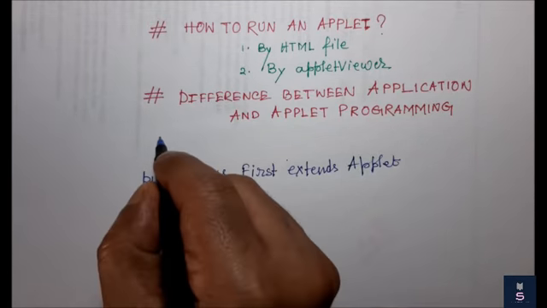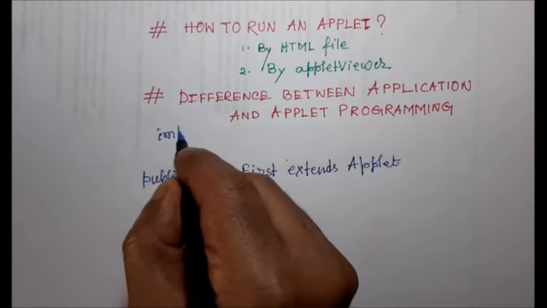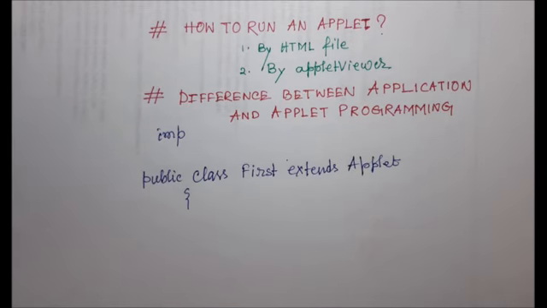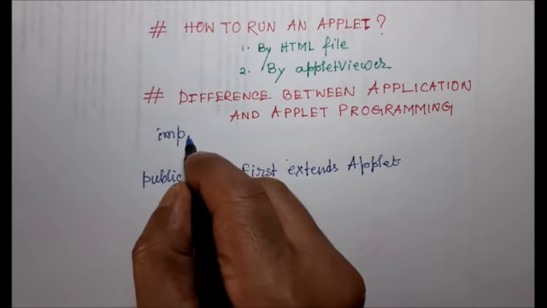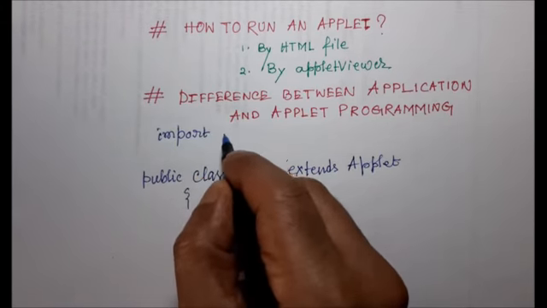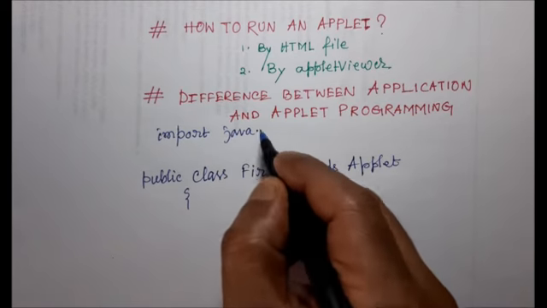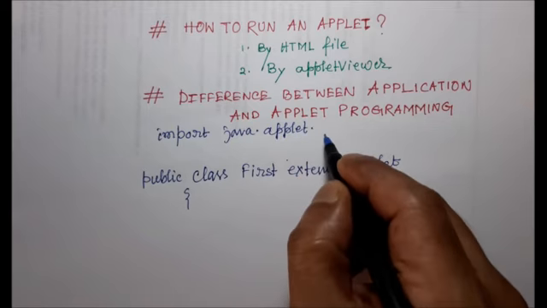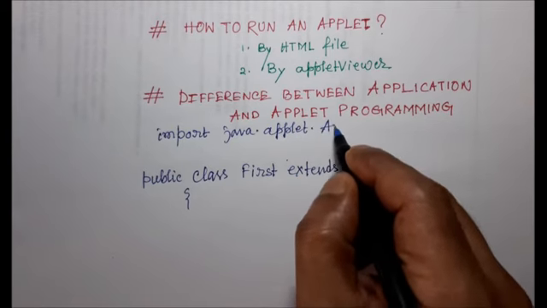That is why I extend this Applet class, so that I get all the methods available in applet. So, first I have to import java.applet.Applet class, or you can write star also.